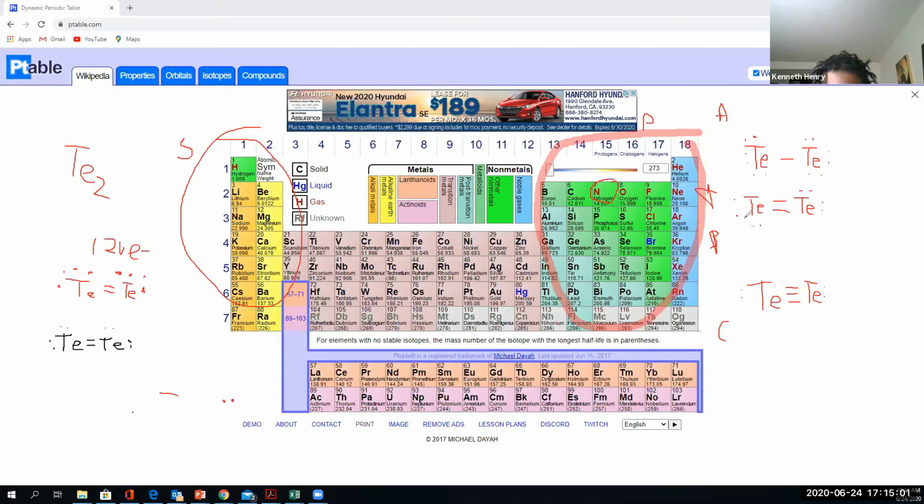Aaron, I want you to do the same thing for B. And then Jamie, do the same for C. Tell me how many total electrons we have there, and then how many electrons are just around each of the telluriums. In total, there's 12.